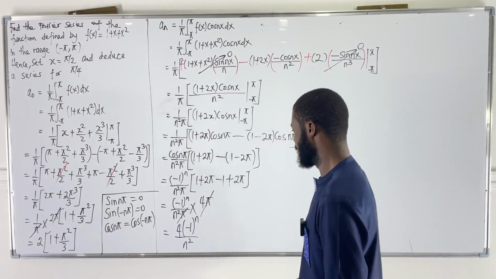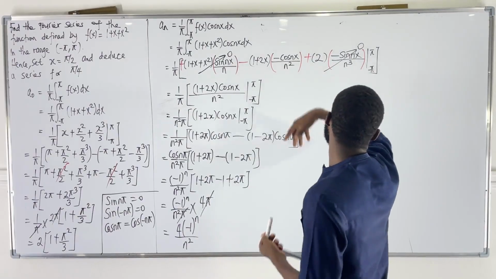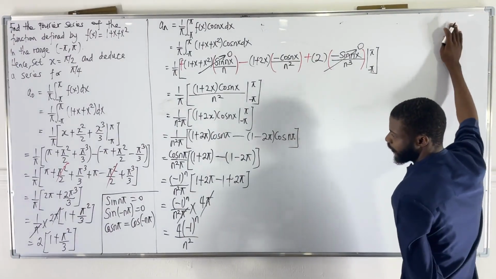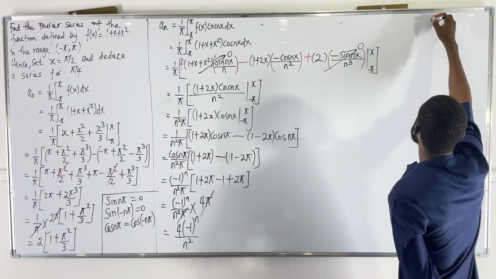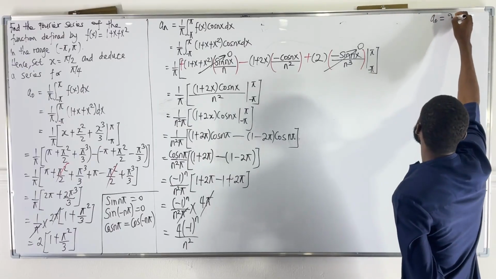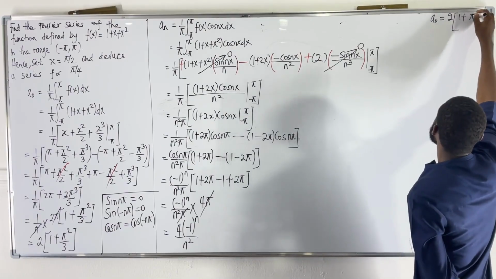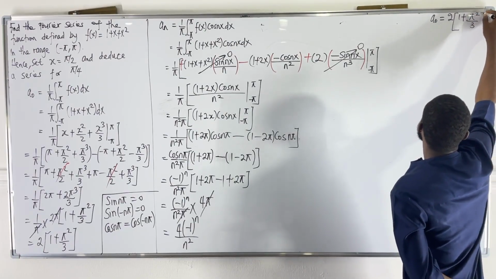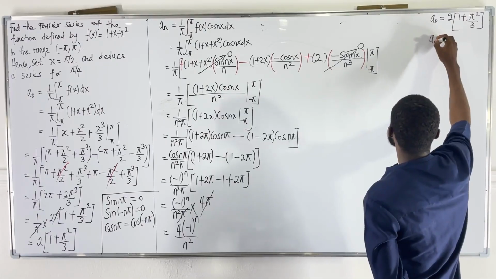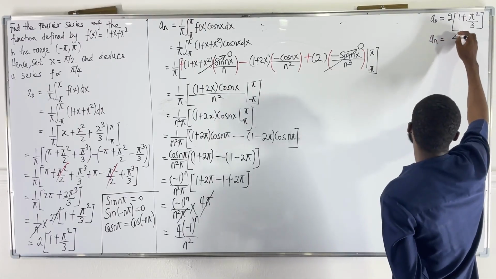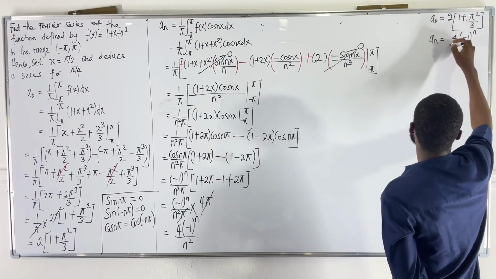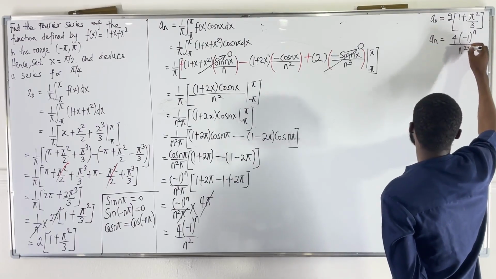Okay. So I have to wipe this part. Let me just keep the answer here for every single thing. So A naught is 2 into 1 plus pi squared over 3. And then A sub n is 4 into minus 1 to the power of n over n squared.